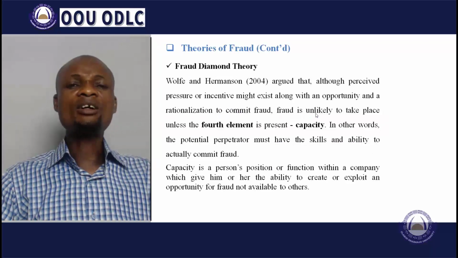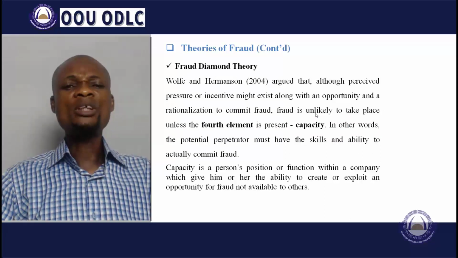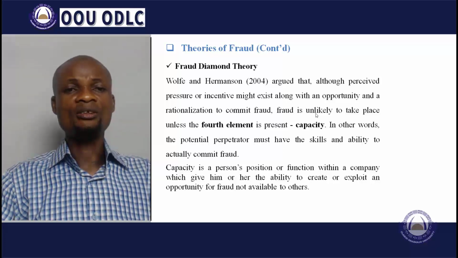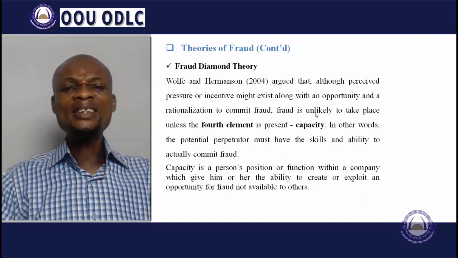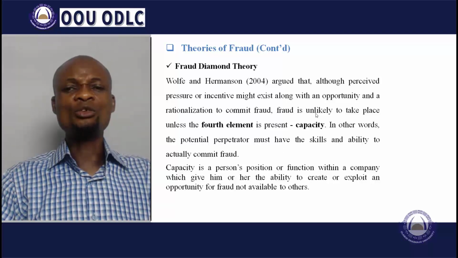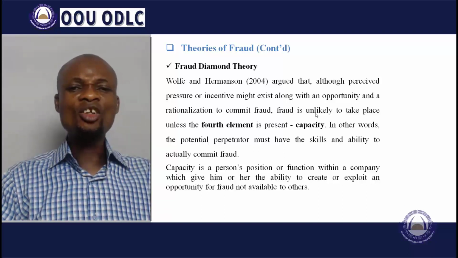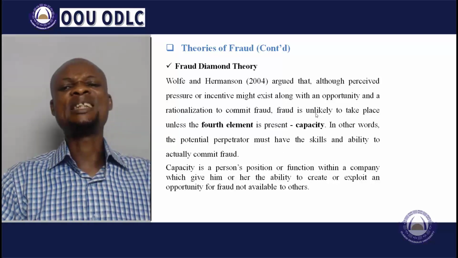Learners, the second theory is fraud diamond theory. Fraud diamond theory was proposed by Wolfe and Hermanson in 2004, and this theory is a bit of an extension of the fraud triangle theory. What this theory did was to add a fourth element to the fraud triangle theory, which is capacity.